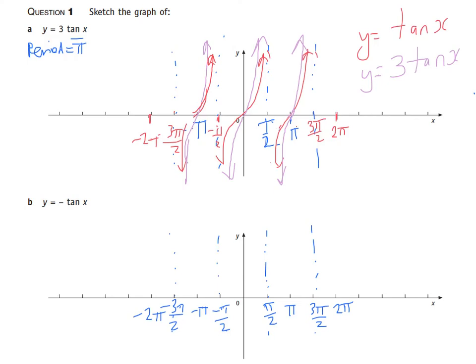So we are going to be going this way instead. So the y values will become times by negative 1 of the original function there. Okay, so that's y equals negative tan x.